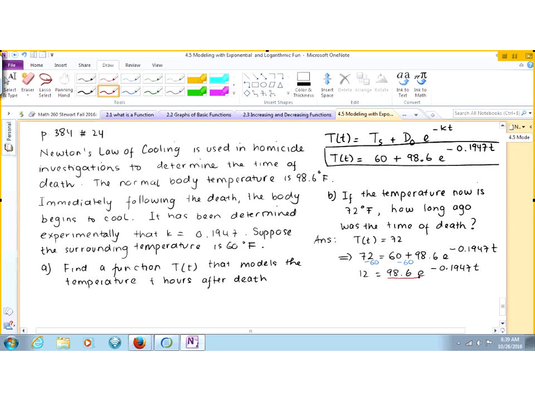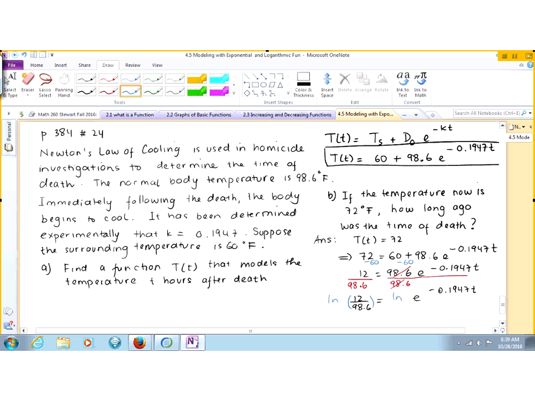And then what? Divide both sides by 98.6. So 12 over 98.6 is equal to e to the negative 0.1947 t.